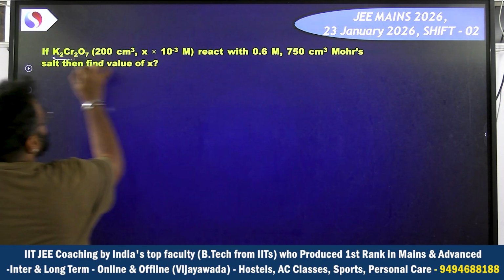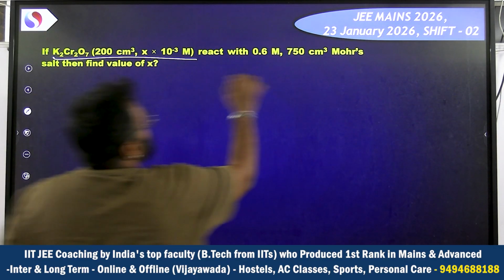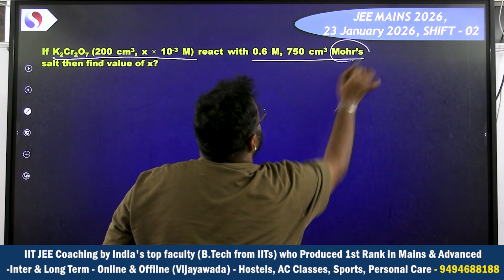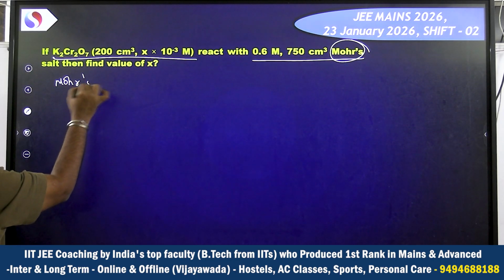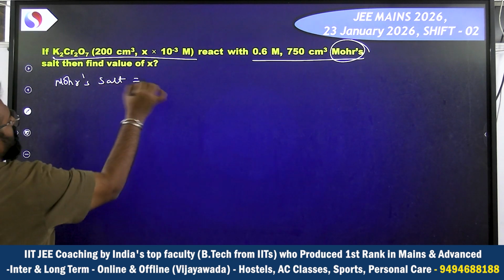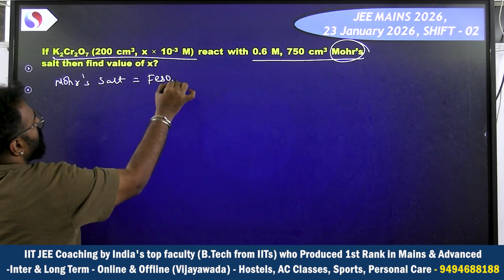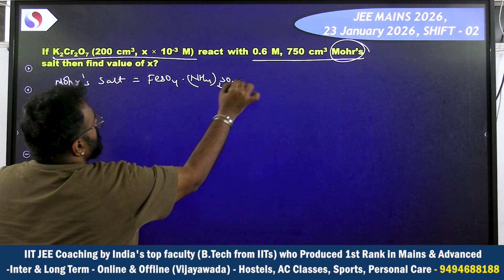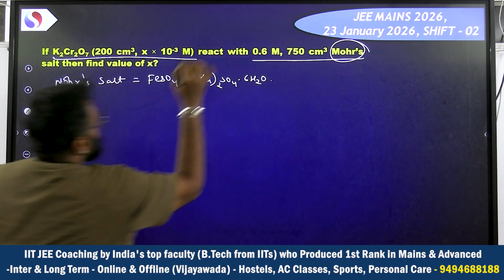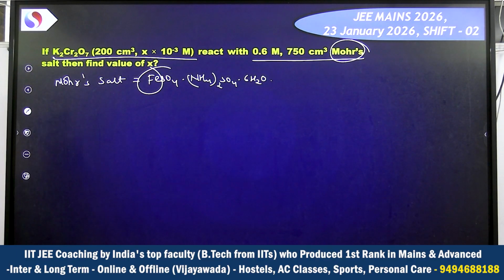K2Cr2O7 is given, it reacts with 0.6 mole Mohr salt. Now what is Mohr salt? FeSO4 (NH4)2SO4.6H2O is Mohr salt. In this you know that only Fe will react.